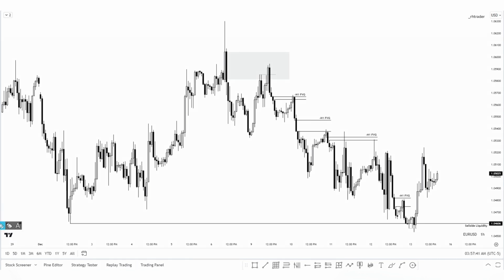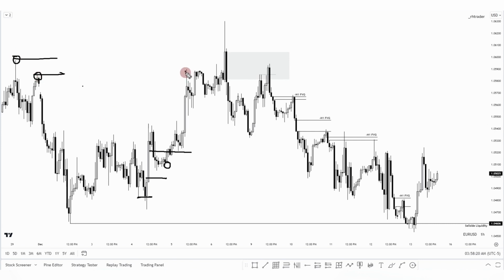So if we take these relative equal highs as a drawn liquidity, price first consolidates here, and right before it reaches these relative equal highs, price gives us a bullish fair value gap, which took liquidity here, came back into this, and moved higher again. So this is your telltale sign that price wants to move higher to these relative equal highs.